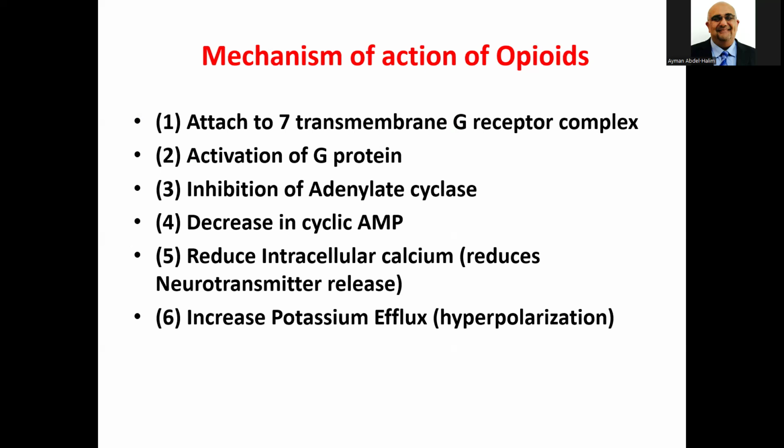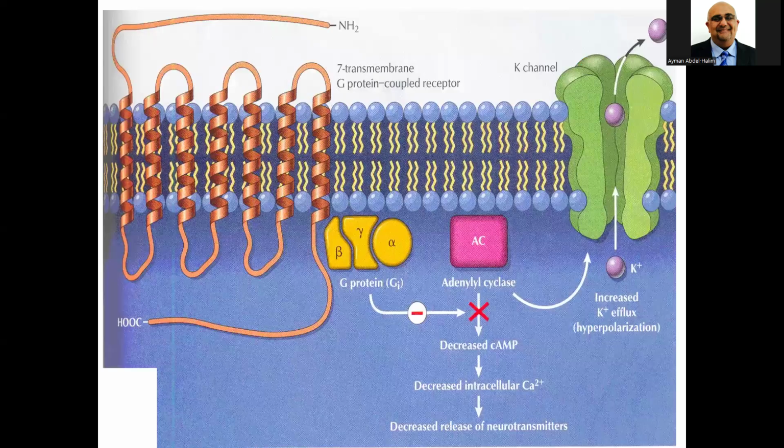It goes in 6 steps here: attaching to the G protein receptor complex, activate G protein, inhibit adenylate cyclase, decrease in the cyclic AMP, reduce intracellular calcium, and increase potassium efflux. This is basically the 7-transmembrane G protein. It allows potassium to go out, prevents calcium from getting in. That's the bottom line. Okay?